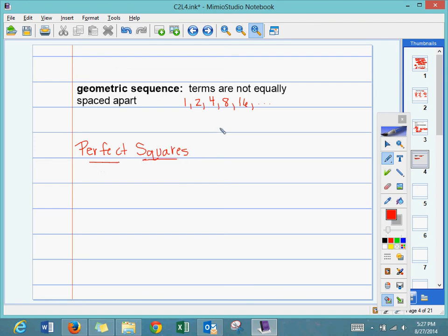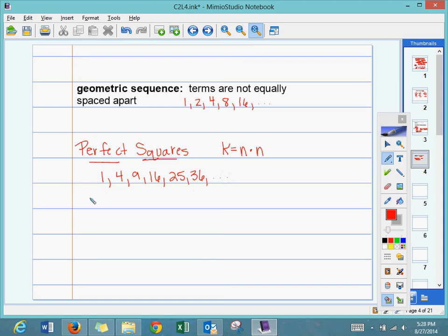We have a list of perfect squares, and the rule here would be k equals n times n. Same thing, k is the value, n is the position number. So the list would be 1, 4, 9, 16, 25, 36, and that list will go on forever.